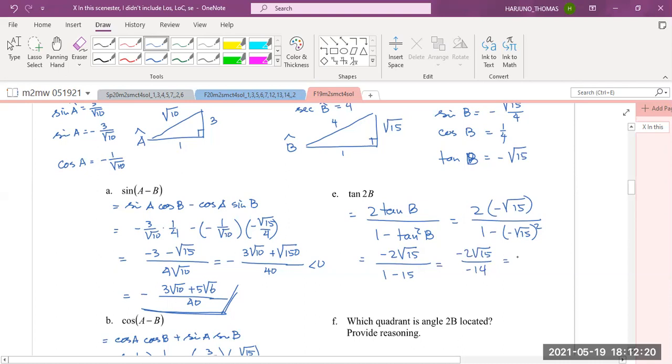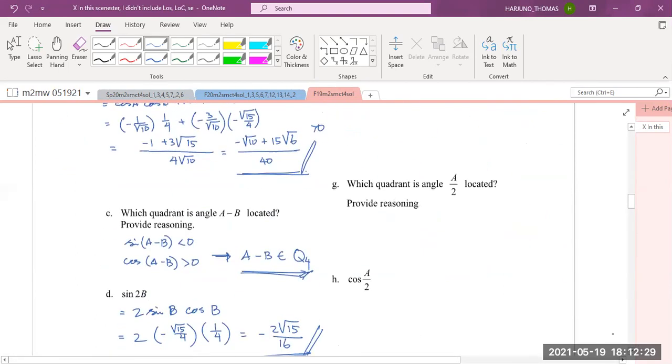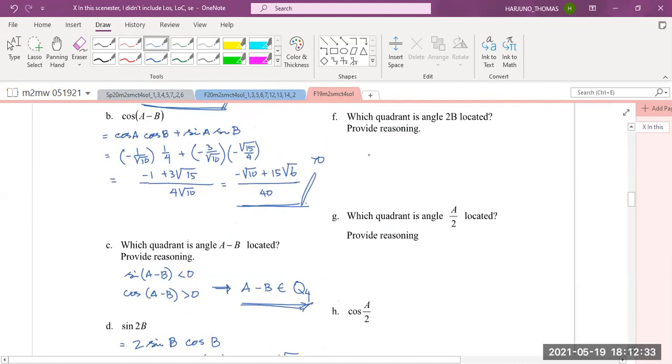Oh, we can reduce, and even cancel the negative, to get square root of 15 over 7, which is positive. So sine 2B is negative, but tangent 2B is positive. So angle 2B must be in quadrant 3.